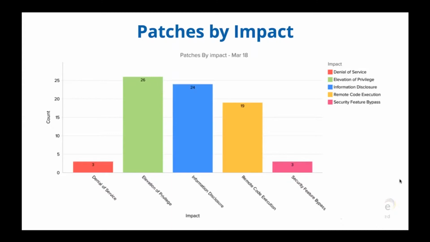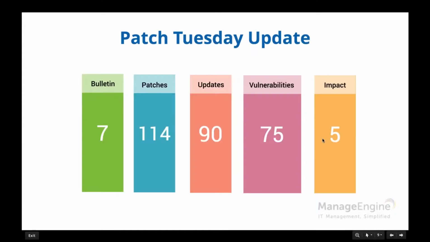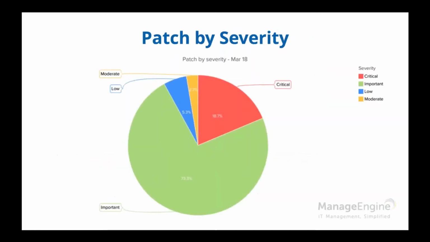Of the 75 vulnerability fixes, 21 were browser related fixes, 14 were critical fixes, and 7 were ranked important. By severity, approximately 73.3% were deemed important patches, nearly 19% were deemed critical patches, 2.7% were moderate, and 5.3% were deemed low.